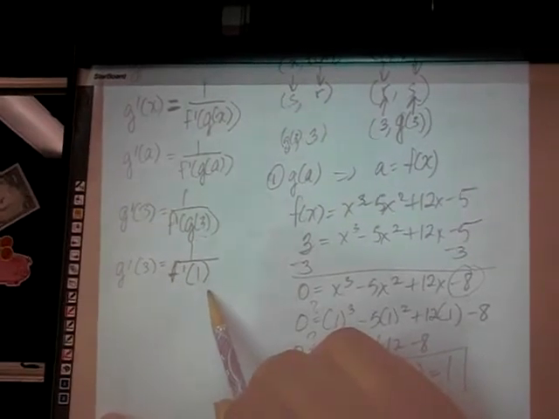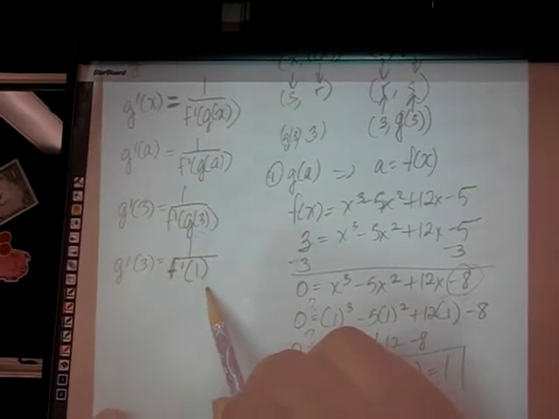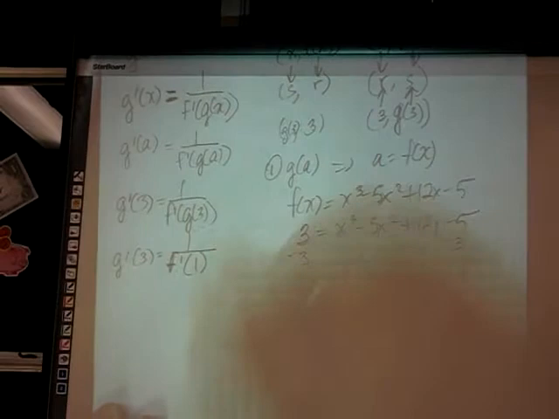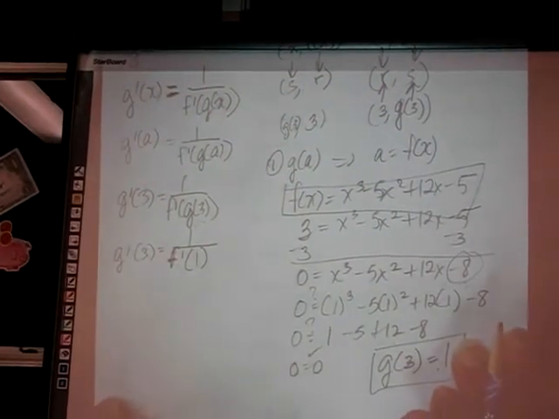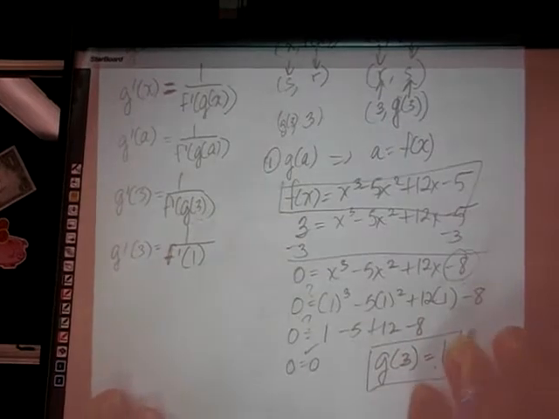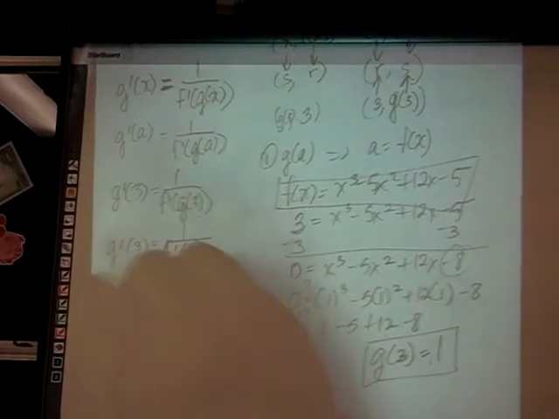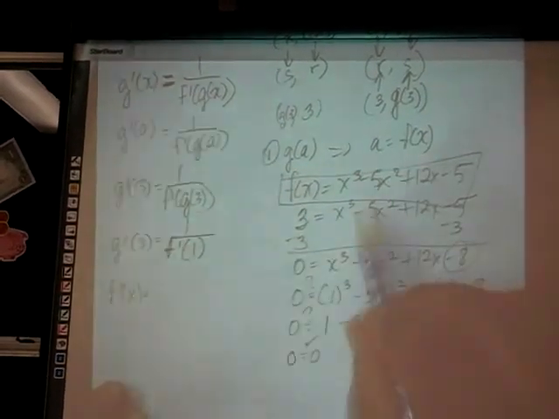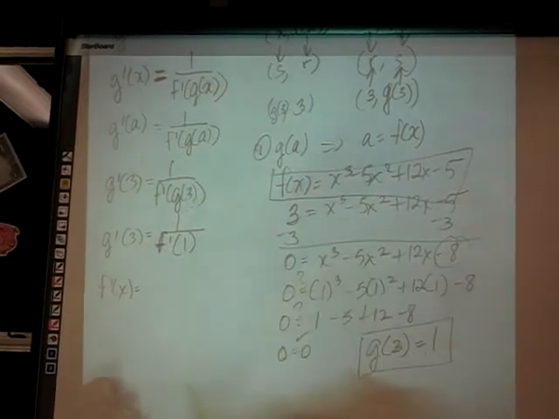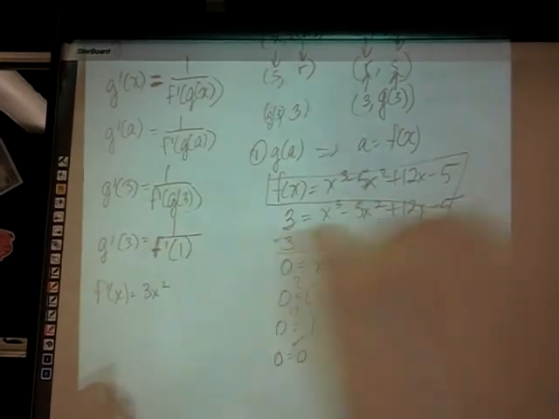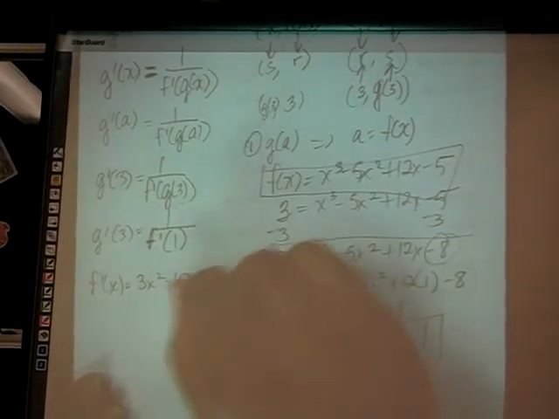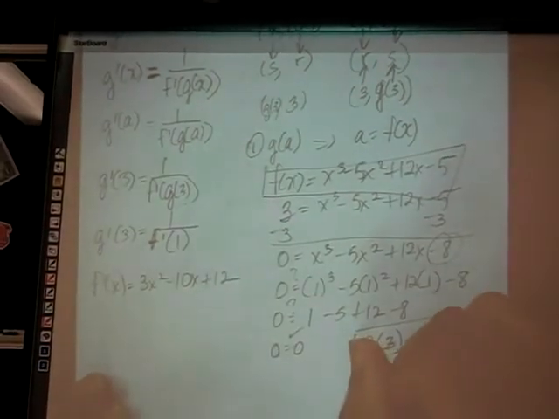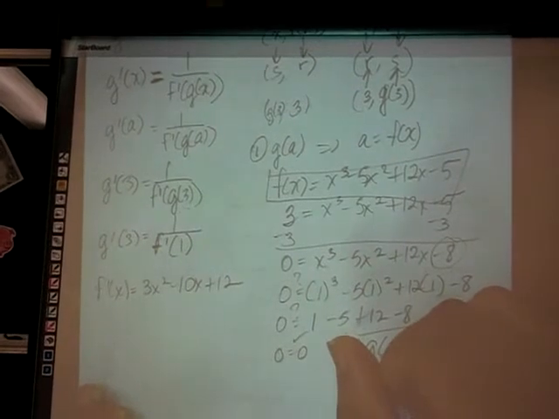Well, in order for me to do that, I need to find f prime of x first. Well, this is f of x. So f prime of x is the derivative of f of x. So f prime of x has to equal, using the power rule, 3x squared minus 10x plus 12. So that's f prime of x.